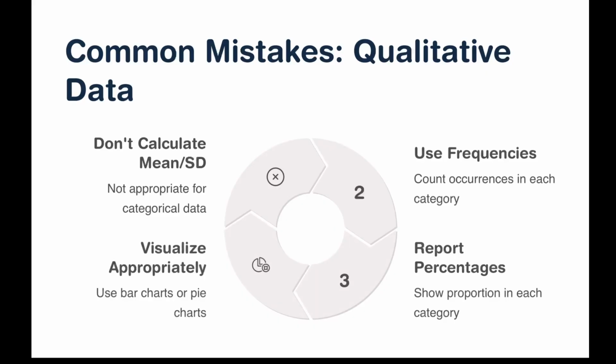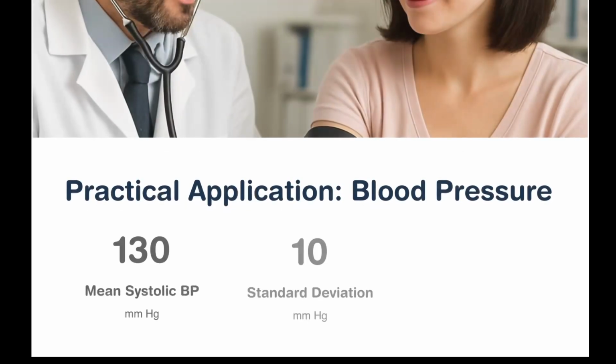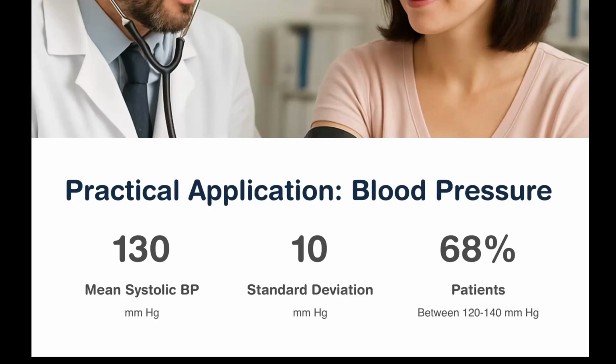Other than that, a common mistake for qualitative data: don't calculate mean, median or standard deviation for categorical data. Usually we require frequencies, occurrences in each category. We report percentages, show the proportion in each category, and visualize appropriately, using bar or pie charts. For example, blood pressure: mean systolic is 130, standard deviation is 10, and 68% of patients are between 120 and 140.